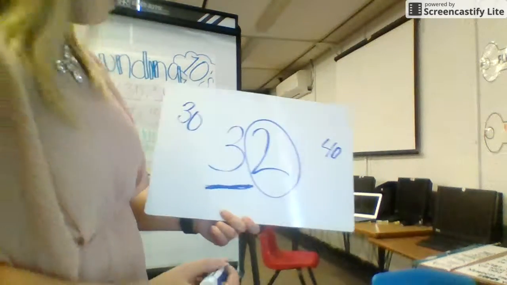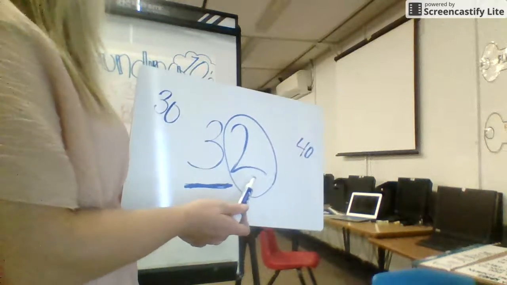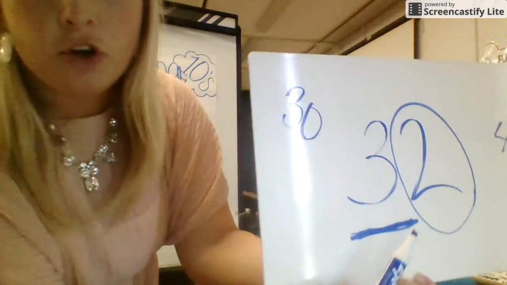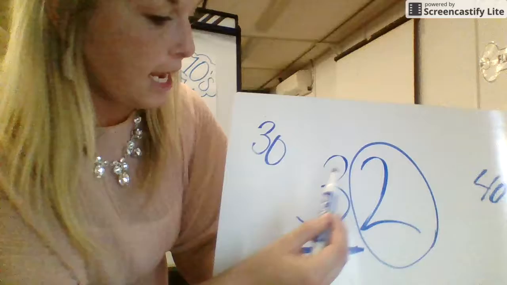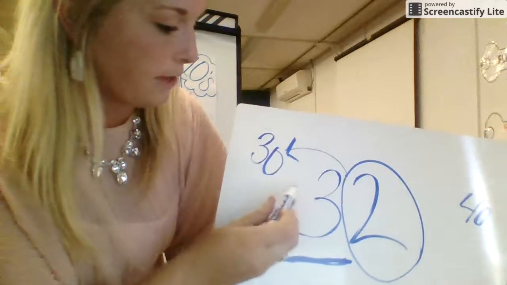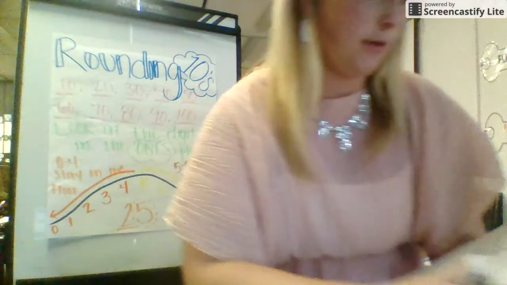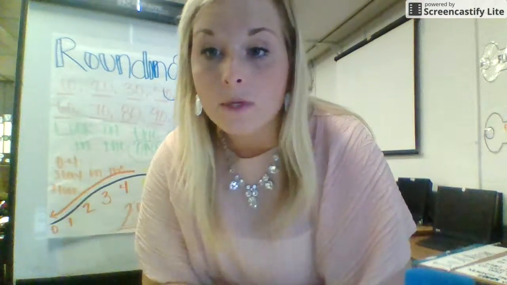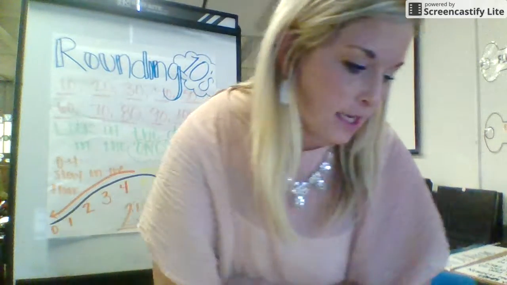With that being said, 5 through 9, climb the vine. Well, we know it's not 5 through 9. 0 through 4, we're going to stay on the floor. So 32, instead of being rounded up to 40, would stay closer to 30. So 32 is closer to 30. If we were to estimate, we would say we're estimating with 30 if we are in the tens place.